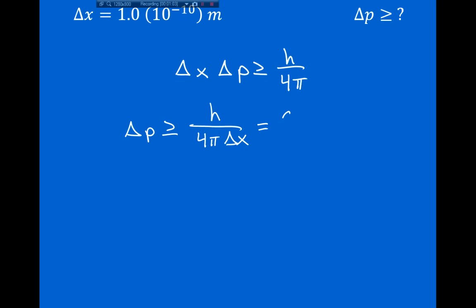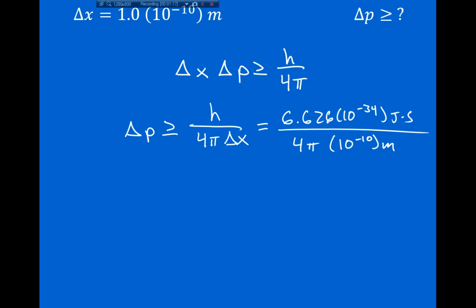Planck's constant is 6.626 times 10 to the minus 34 joule seconds. Then we have 4 pi, and the uncertainty in the position was 10 to the minus 10 meters. If we plug these numbers into a calculator, we can see that the uncertainty in the momentum must be greater than 5.27 times 10 to the minus 25 kilograms meters per second.